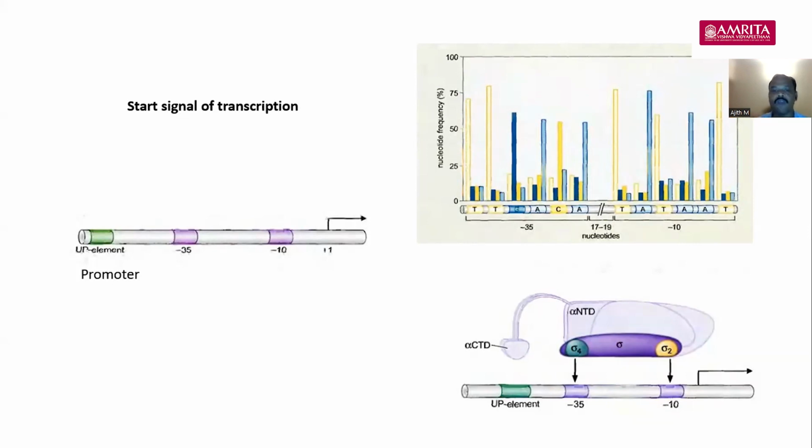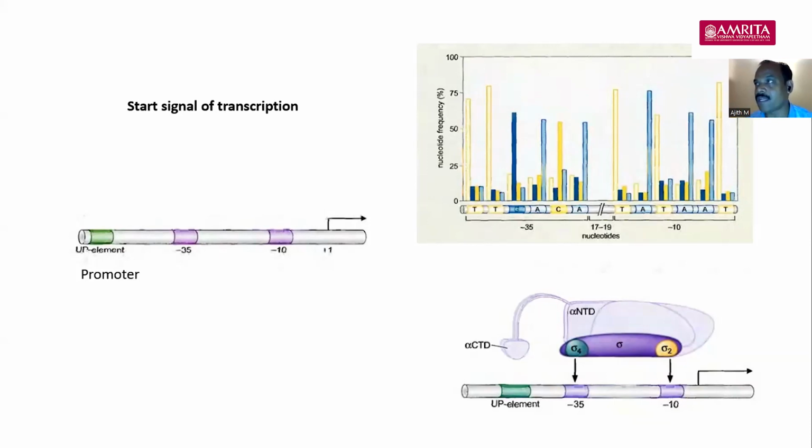Now you know what the function of the sigma factor is. The sigma factor is the one that goes and identifies a particular promoter at a particular time. So you would have correctly guessed by now that there are different types of sigma factors.